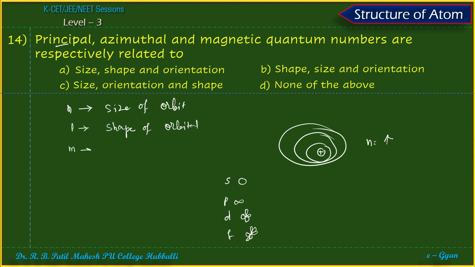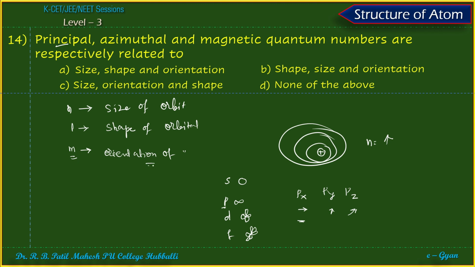Coming to magnetic quantum number, it is going to represent the orientation of atomic orbital. Considering p orbital, there are px orbital, py orbital and pz orbital, where the lobes of p are along the x-axis, along the y-axis and along the z-axis. It is represented by magnetic quantum number.